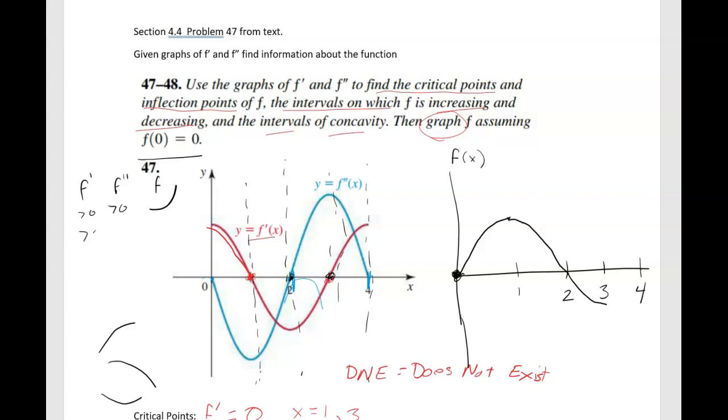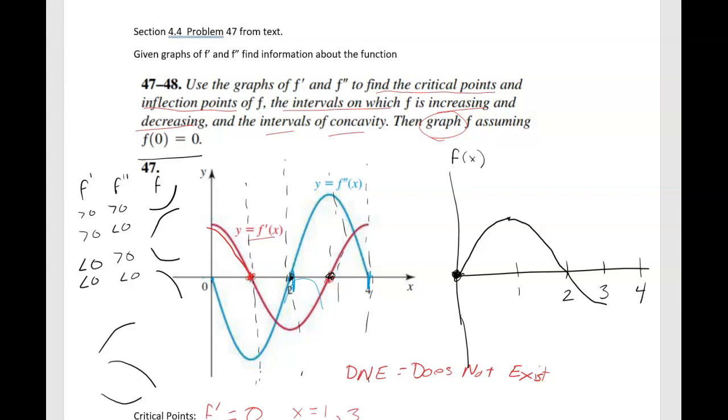If the first derivative is positive and your second derivative is negative, it means your function is rising, but you're concave down. So see, the function still goes up. If the first derivative is negative and the second derivative is positive, your function is going down, but your concavity is up. If your first derivative is negative and your second derivative is negative, your function is decreasing and you're concave down, so you're turned over that way. Those are really the 4 pieces you're trying to put together.